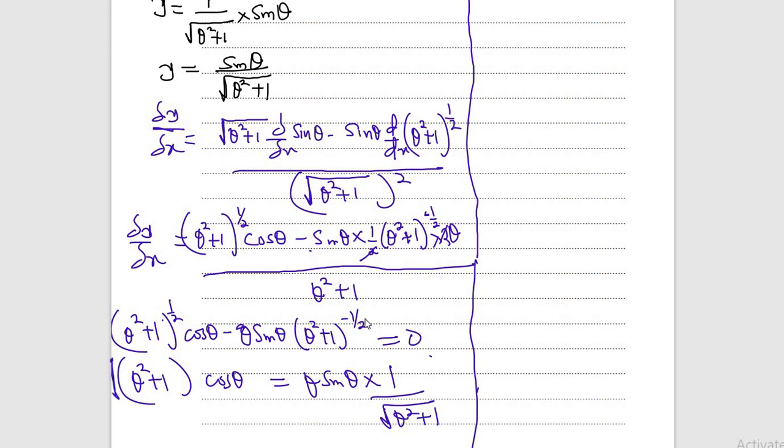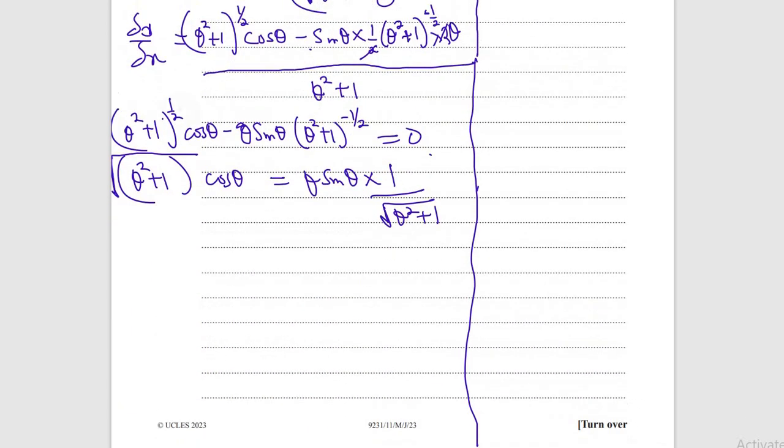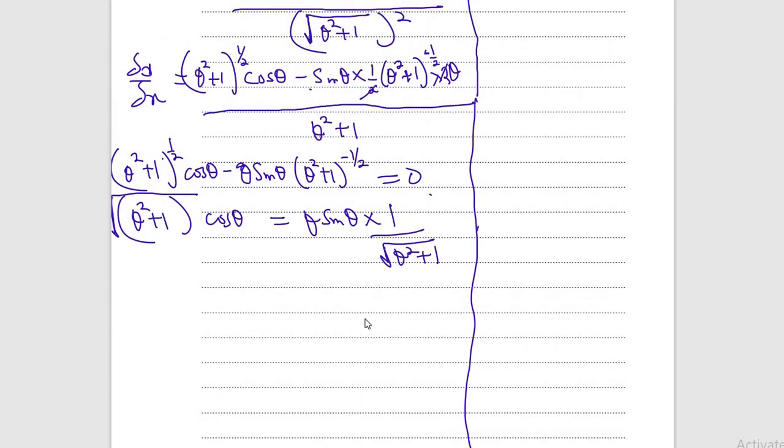This one is a square root. So I can decide to cross multiply this and this. When both of them multiply each other, I will have theta squared plus 1, cos theta equal to theta sin theta.